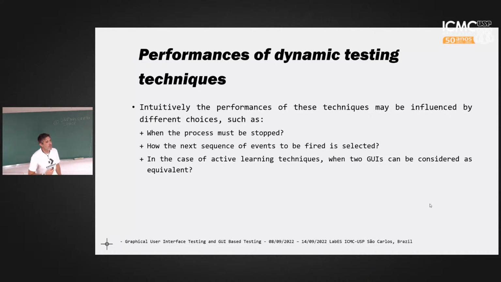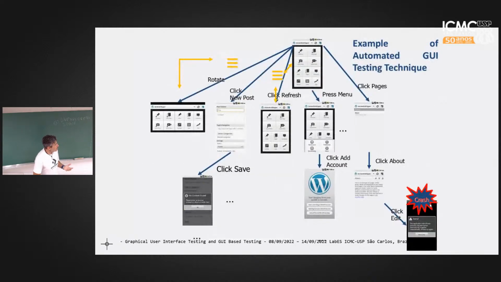This is the problem that Prof. Delamaro pointed out. In the case of active learning techniques, techniques where you build a model, when can two user interfaces be considered equivalent? This is a problem. Why? Because everything can change.